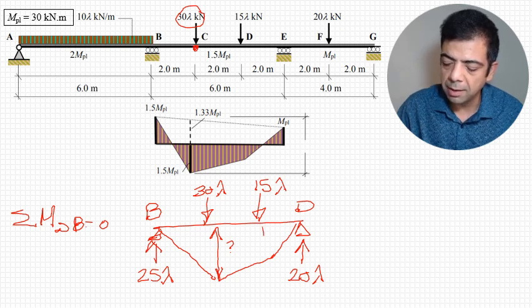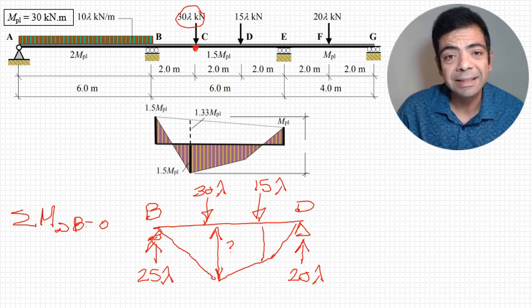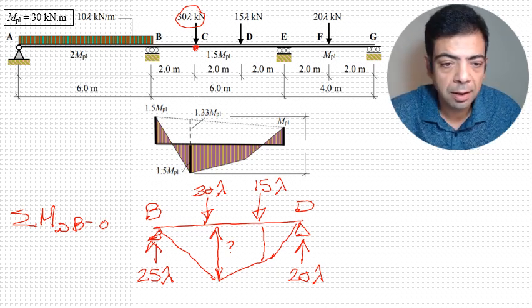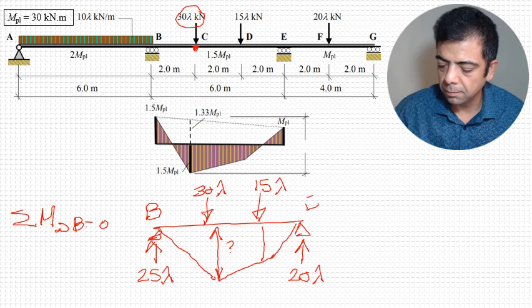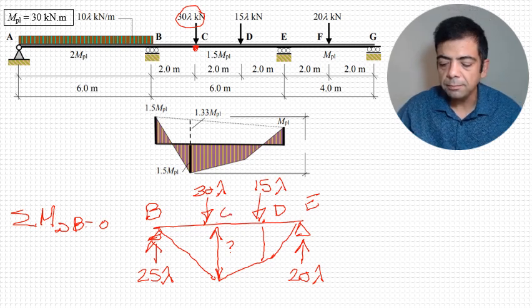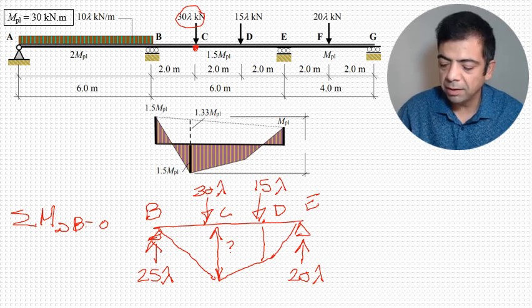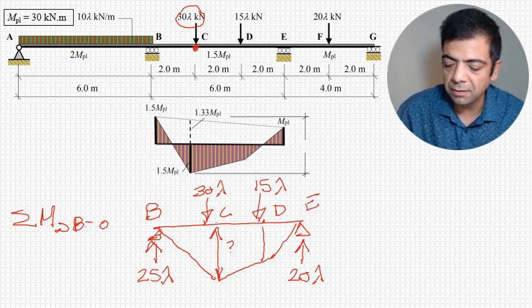So how do we get the bending moment at point D and at point C? I think this is not point D, this is point E. And that will make this point D and this point C. Okay, this will result in the moment at D is going to be 20 times the distance 2.